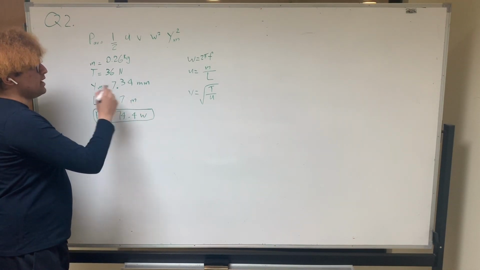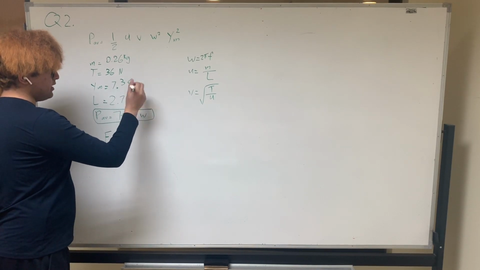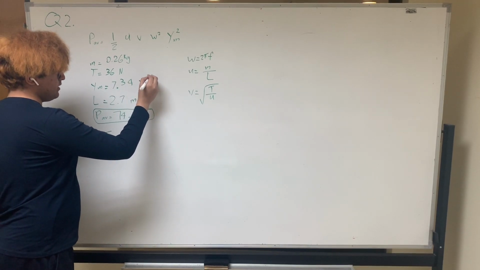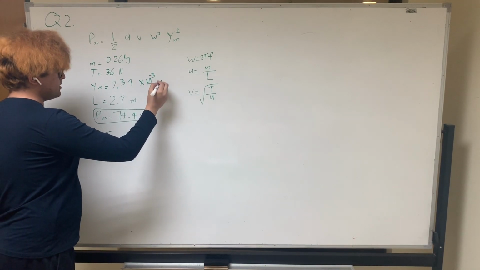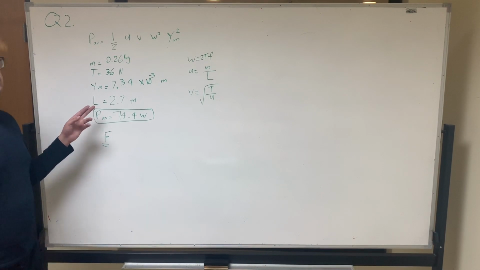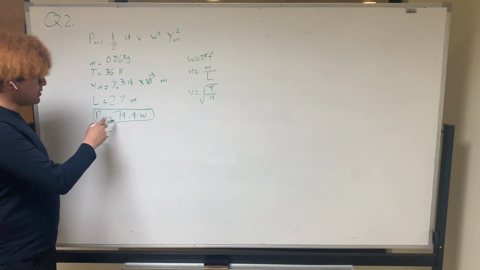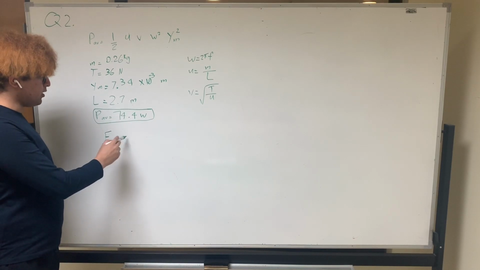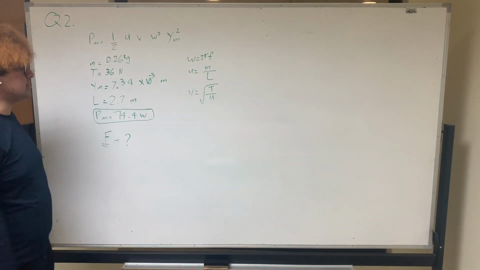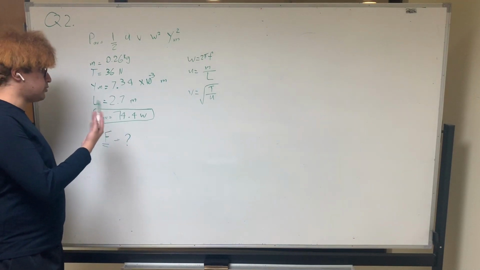We want this in SI units, so we multiply by 10 to the negative 3, and we get this length in meters. We're given the length of the string to be 2.7 meters, and we're given this amount of power.